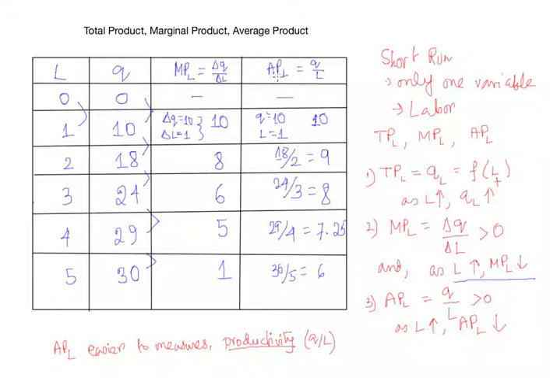Why am I pointing out only this part of the production function when they are decreasing? Because when we do the next chapter on cost, you will see that these are the portions which are more relevant. So in this video we saw how to mathematically calculate MPL and APL. In the next video we are going to draw the graphs, how we can derive MPL and APL graphically from the total product curve.